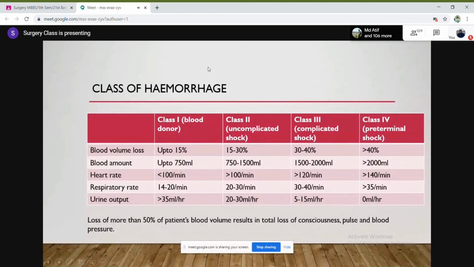So this is actually a very important class of hemorrhage that is frequently asked in written as well as vivas. Sometimes the question comes: define shock and classify hemorrhage. What are the types of hemorrhage? So please note that this is an important table that you are looking at, right?